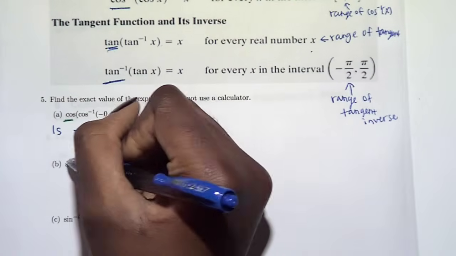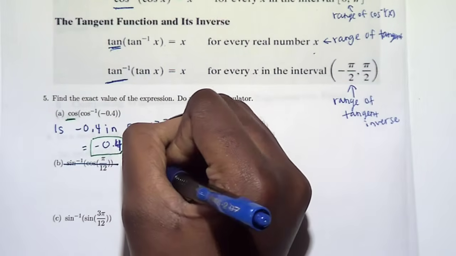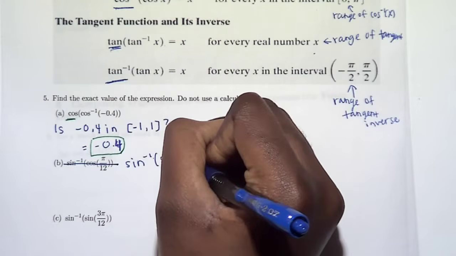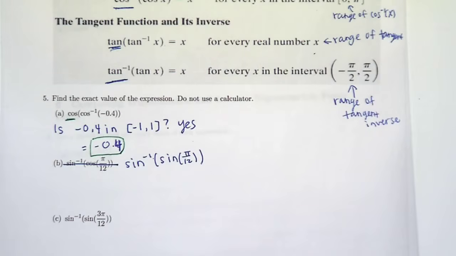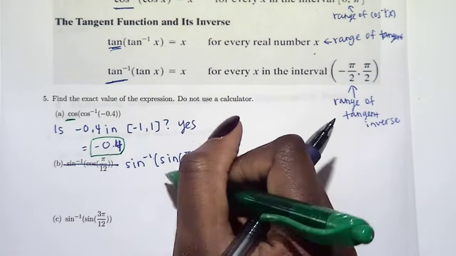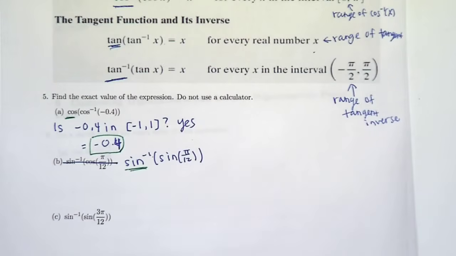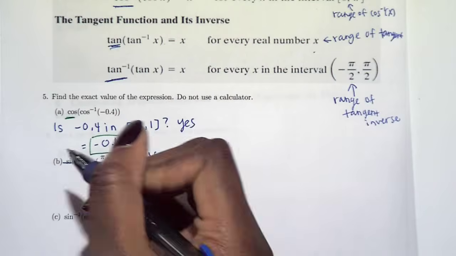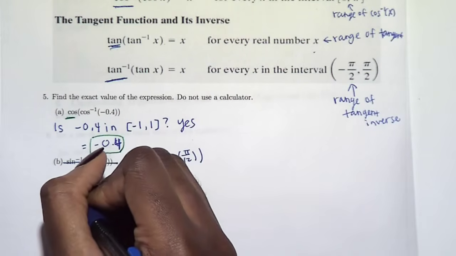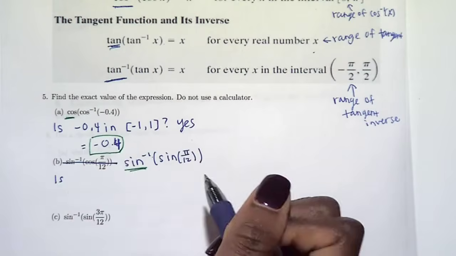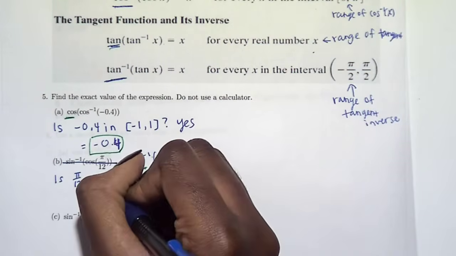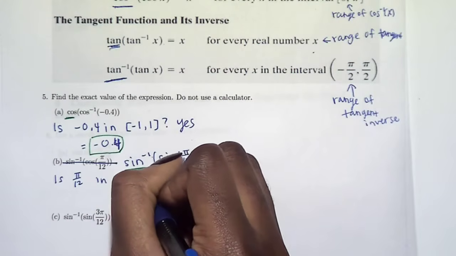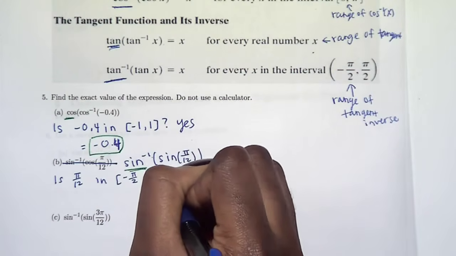Oh, this is a mistake. Let me fix this problem. This is sine inverse of sine of pi over 12. Notice what's on the outside: sine inverse. So we have to think about the domain of sine inverse. Is the number on the inside, pi over 12, in the domain of sine inverse?